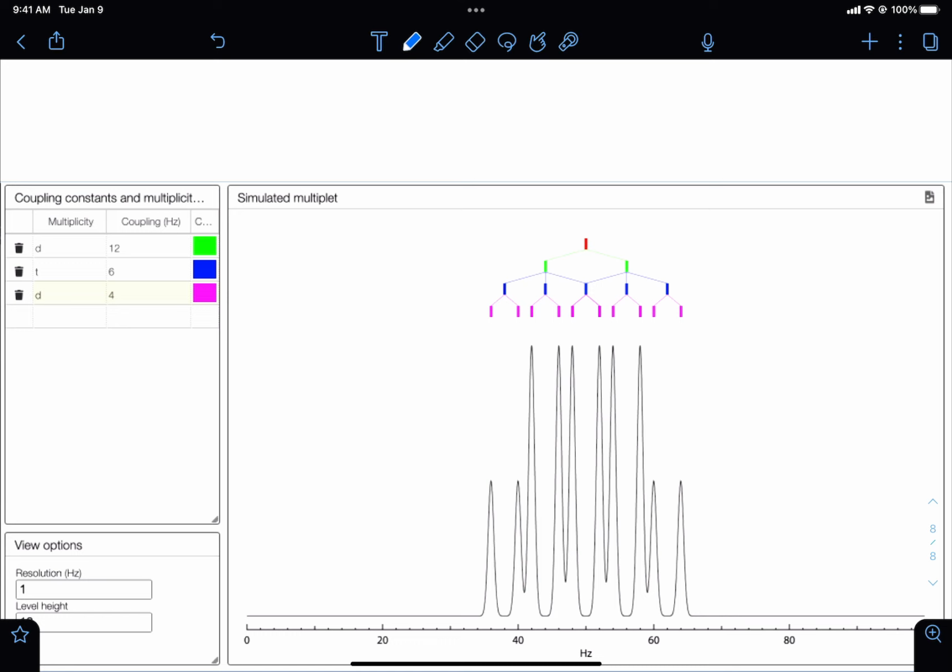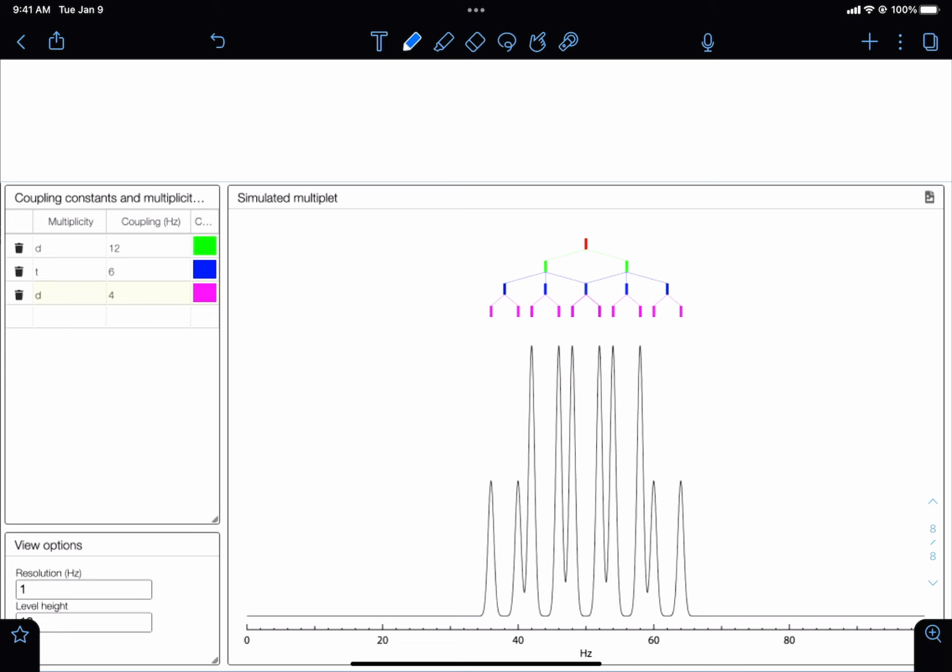The peaks are a little bit more nicely separated than in the actual spectrum, but nevertheless, this is the same type of signal. You see on the left, it's a doublet of 12, a triplet of 6, and then a doublet of 4. And you can see in that branching tree at the top, our red signal was our center signal. That was the 2500 that we ultimately ended up at. The green signal is that doublet of 12. Those green signals are subsequently split into triplets, the blues, and those are separated by 6.